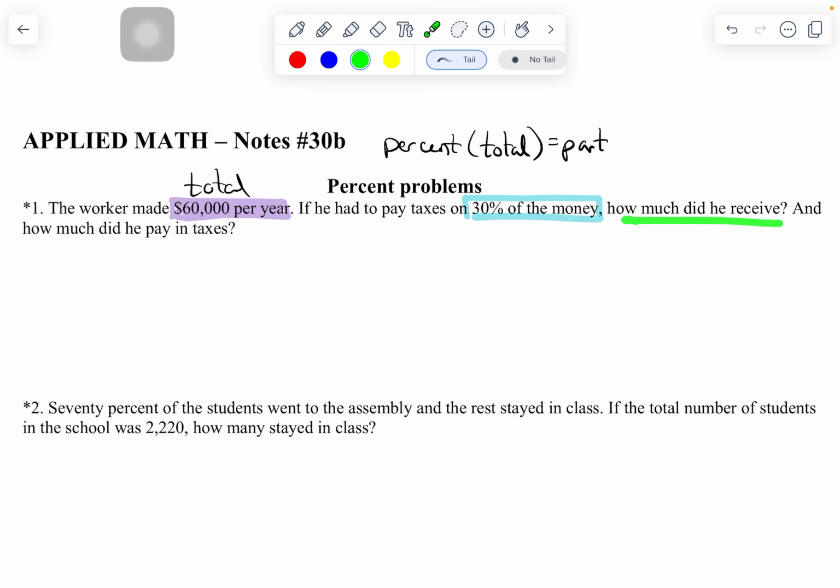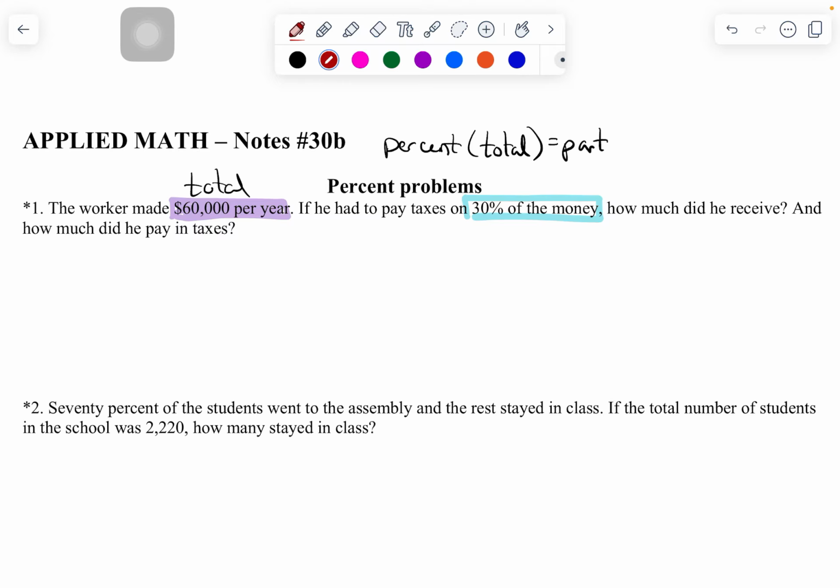I want to know how much did he receive? That's going to be our part. And then how much did he pay in taxes? If I take how much he paid in taxes and how much he received, that has to create that total of 60,000. We'll get to that part in a minute.